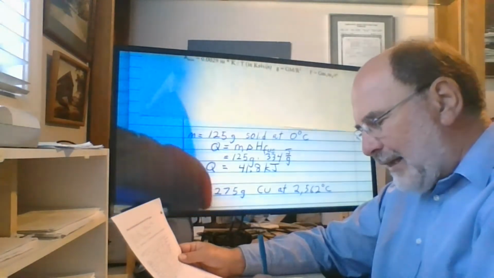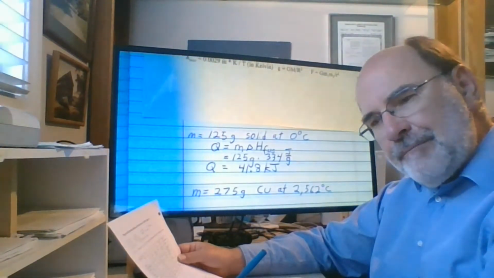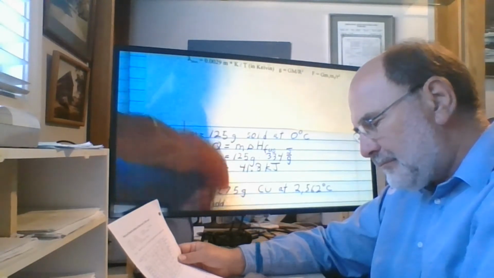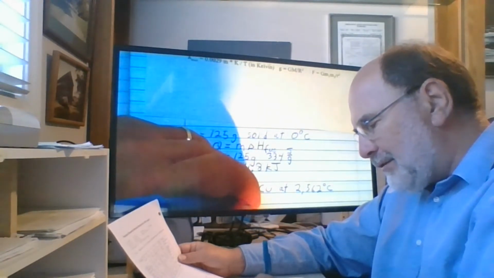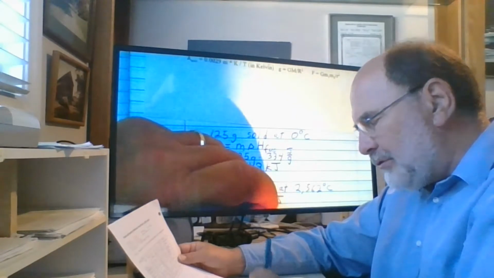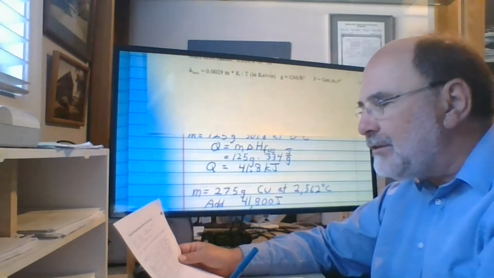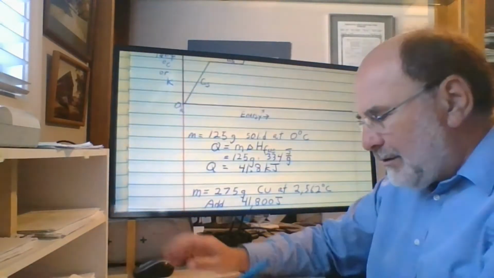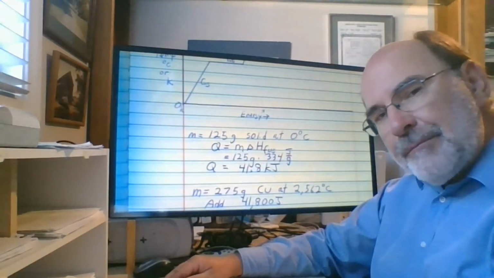And let's say that I add that amount of heat energy to it. So I add 41,800 joules of heat energy to this. And the question is, what do I end up with?